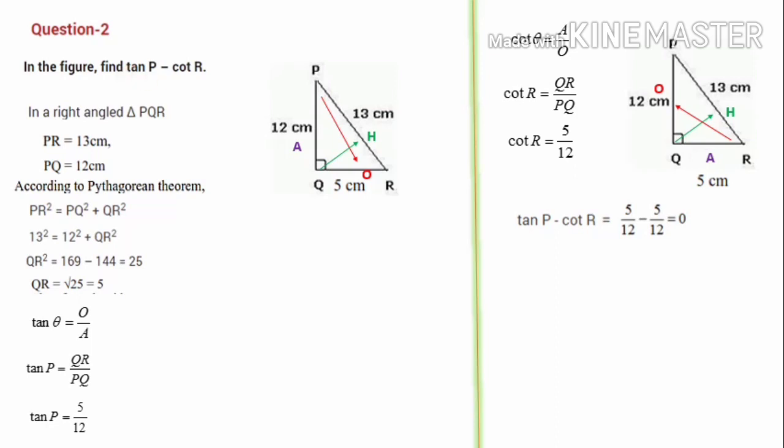So for tan P I have taken this triangle, and for cot R I have to take this triangle. So two separate triangles I have used for calculating tan B and cot R. You can use a single triangle if you are comfortable, or if you have no confusion, then go with a single diagram, no problem, or else you can go for a different diagram for different angles.